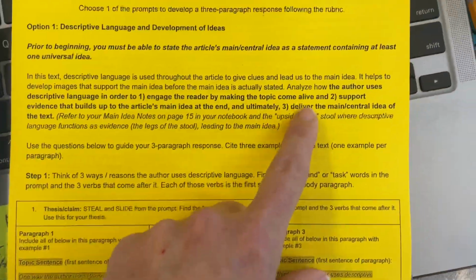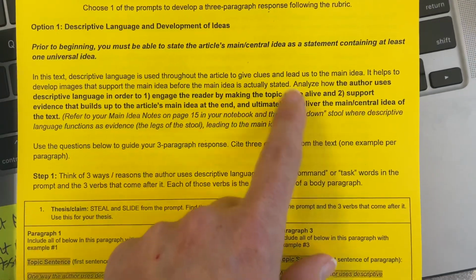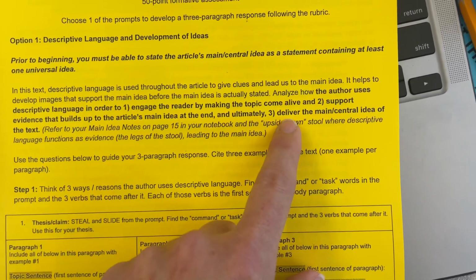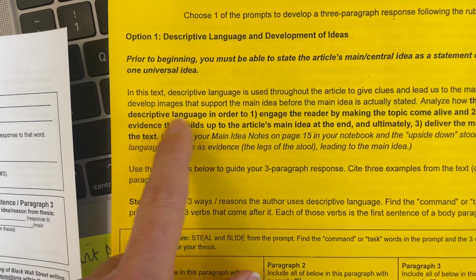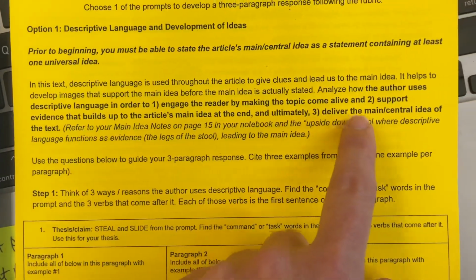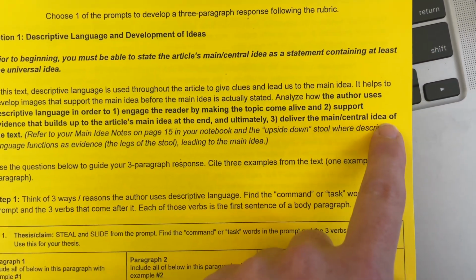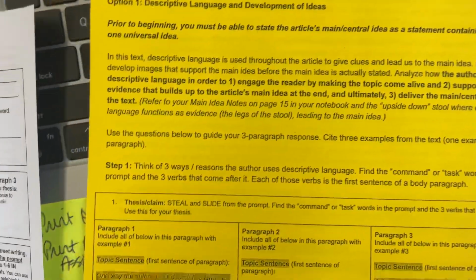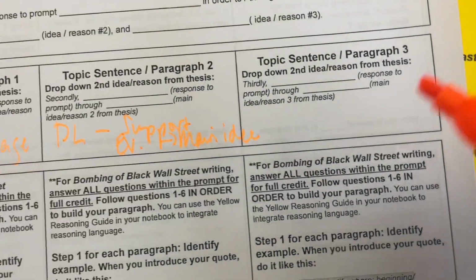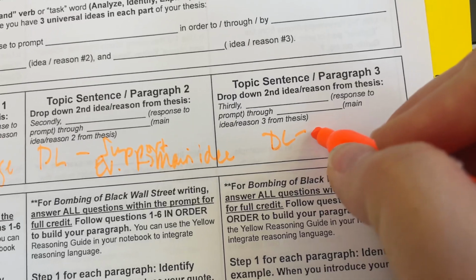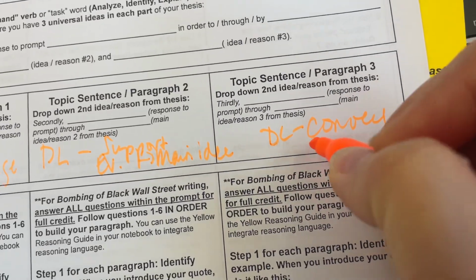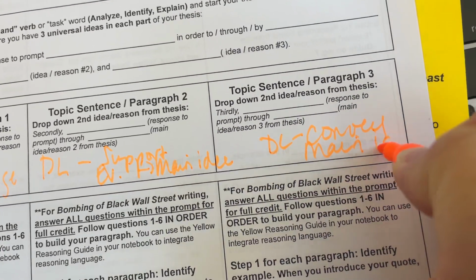And then the third paragraph is the third verb in this long thesis or main claim sentence, which is how does she use, go back to the prompt, descriptive language to deliver the main or central idea of the text. So that's kind of like the culminating piece. So I'm going to put, again, descriptive language to convey or deliver main idea.